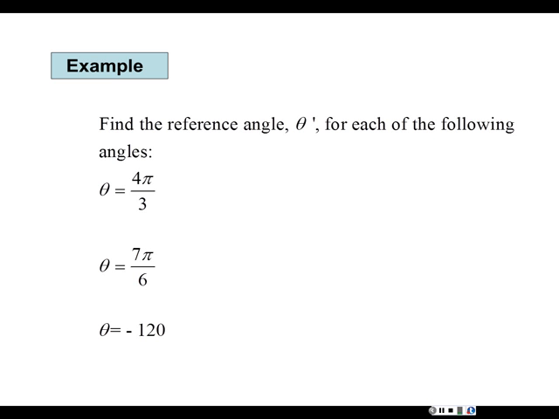Now, if you don't feel comfortable with radians, because I know that sometimes it's really not easy, just convert the radian into degrees using the conversion factor 180 over pi. Once you multiply it, you get the angle in degrees. Draw the angle.